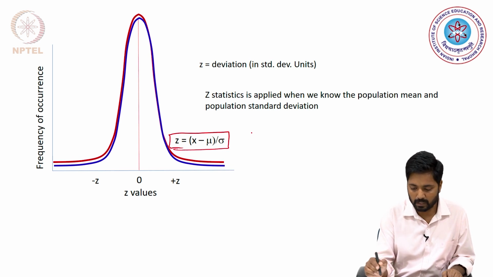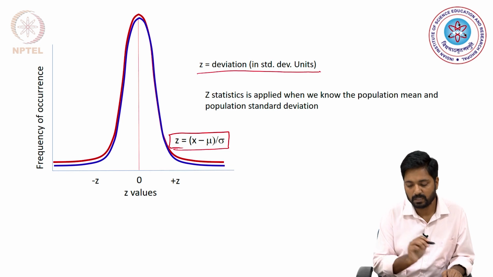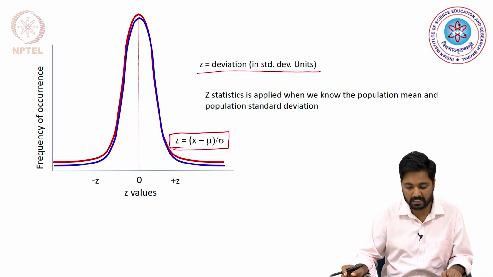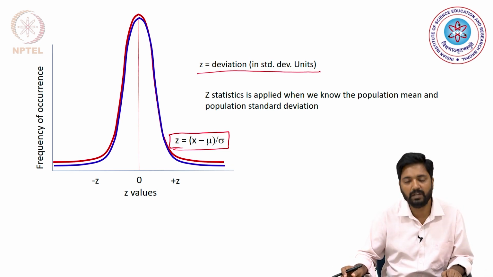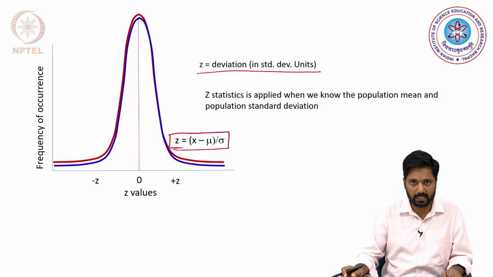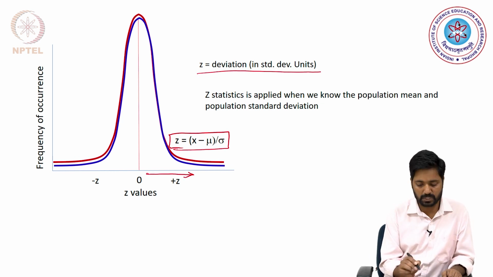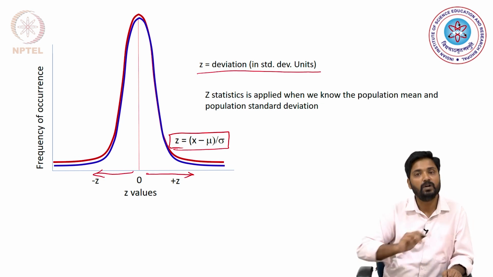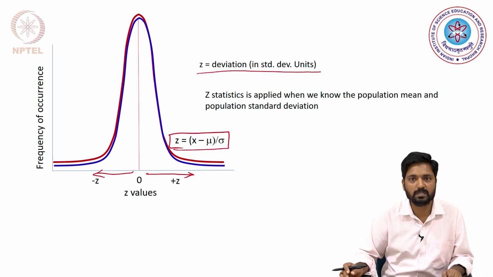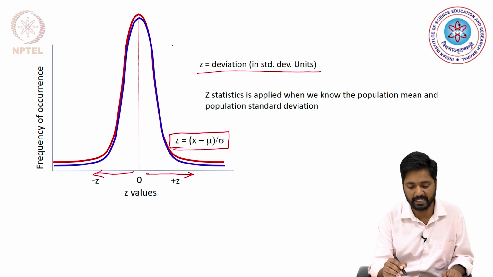In other words, the z statistic is nothing but the deviation values in standard deviation units. Again, z values can be positive as well as negative, but in this z profile, what we see is that the blue and the red data now merge quite completely over one another.